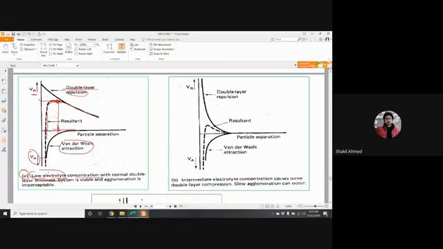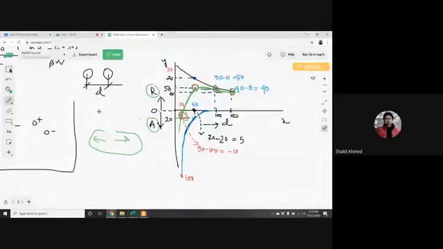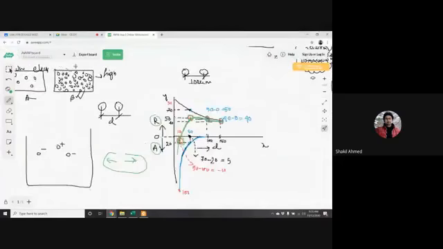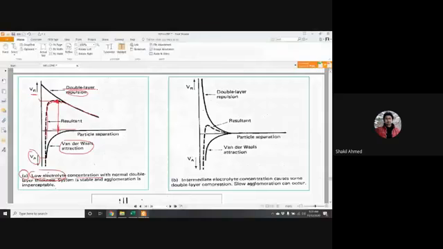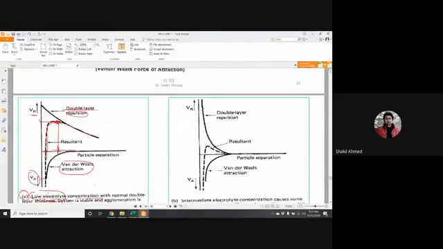Now, if you increase the electrolyte concentration, the particles will come close to each other. Then how would this graph look? The graph will look like this.